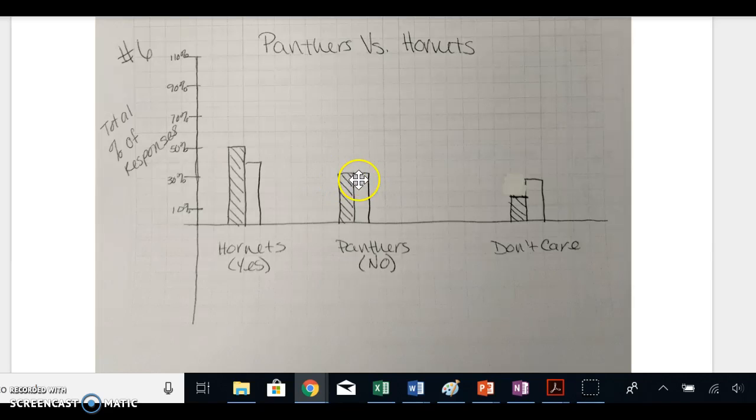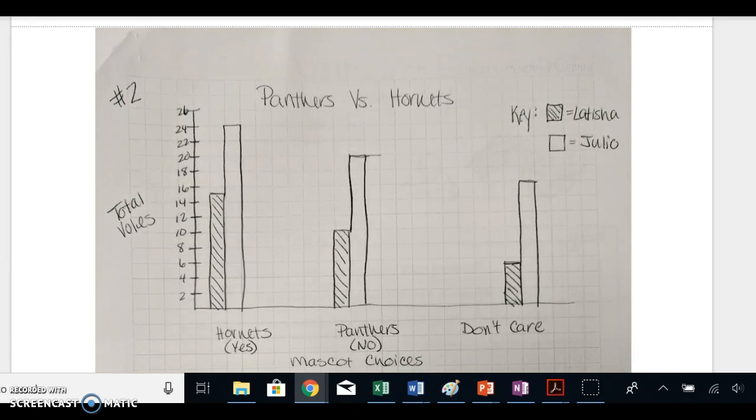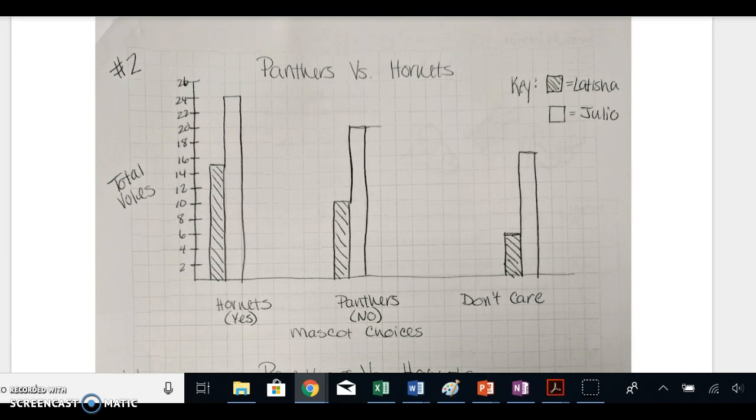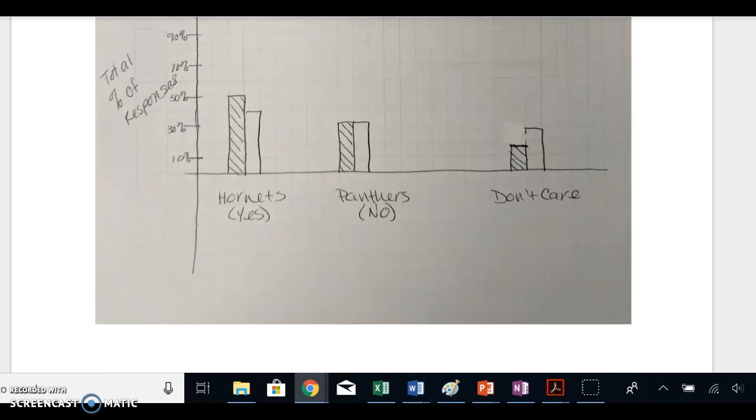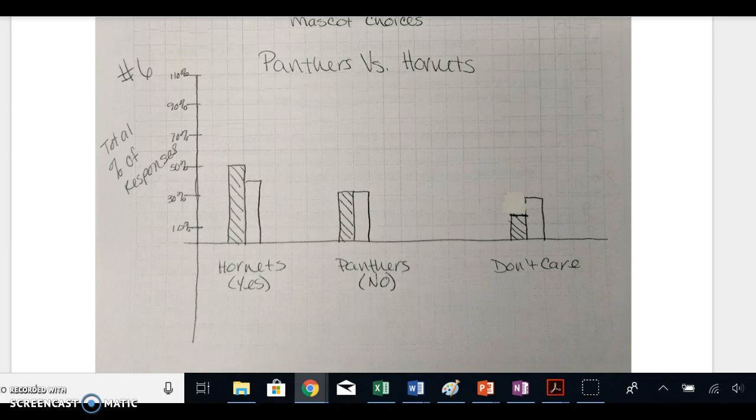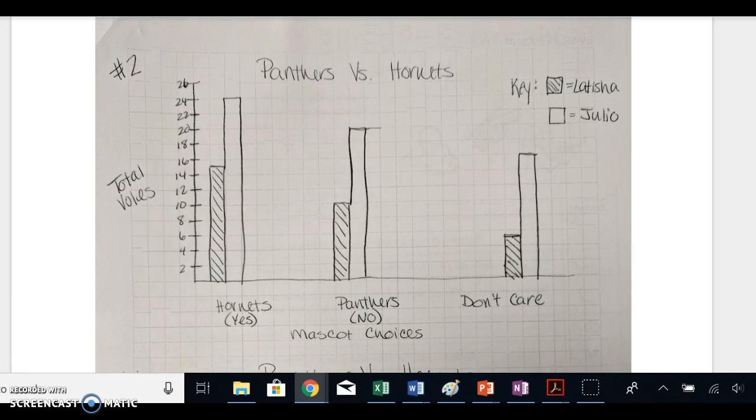Looking at this, it doesn't look like there's that much of a difference in the data that was collected, versus up here when I'm looking at just the raw data and the numbers. So in some situations, it might be better to use a relative frequency graph versus a raw frequency graph.